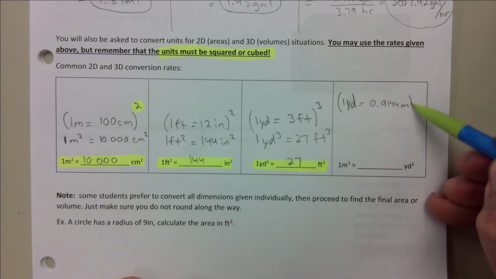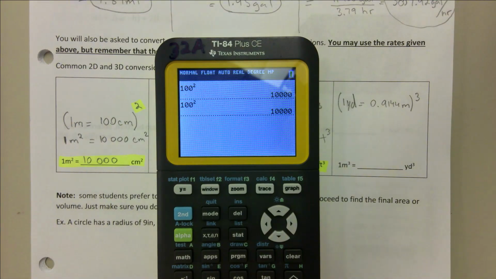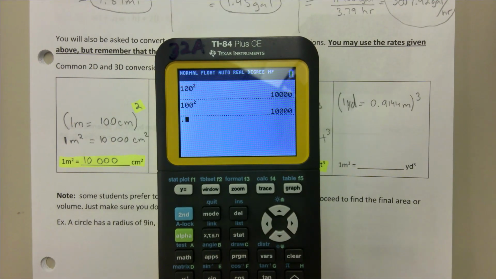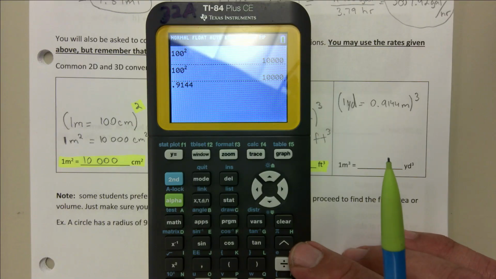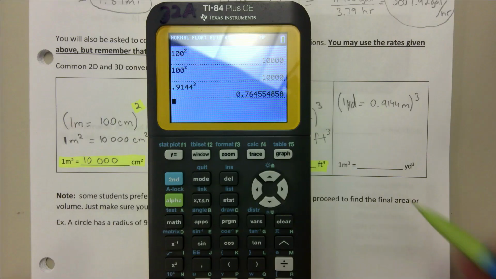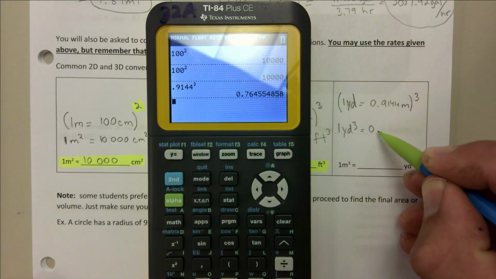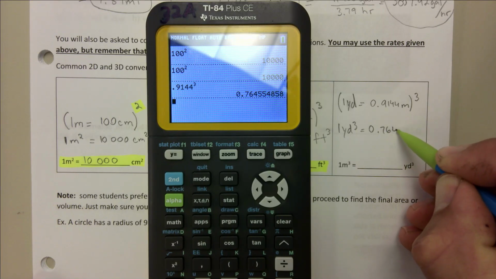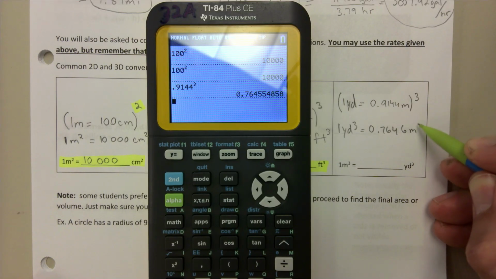And if you cube it, right, you take your calculator, you put 0.9144. Cubing, there's no option but to use the hat button here. Hat to the power of 3. So 1 cubic yard is 0.764. We're going to round at that point, 46 cubic meters.